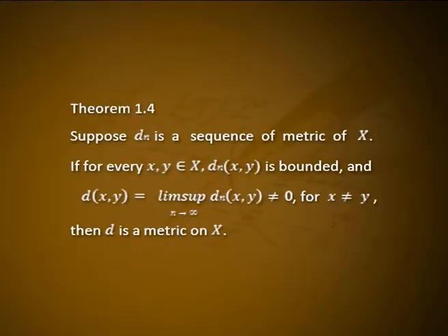Theorem 1.4. Suppose dn is a sequence of metrics on X. If for every x, y belonging to X, dn of x, y is bounded and d of x, y is equal to the limit supremum of dn of x, y, not equal to 0 for x not equal to y, then d is a metric on X. Proof. The first two properties of d are trivial.